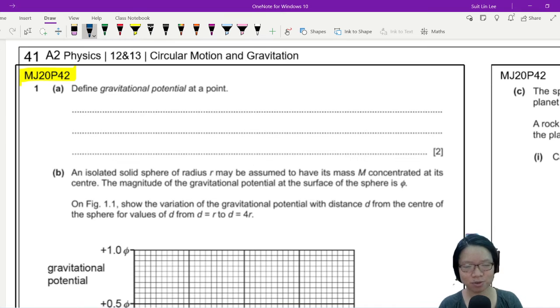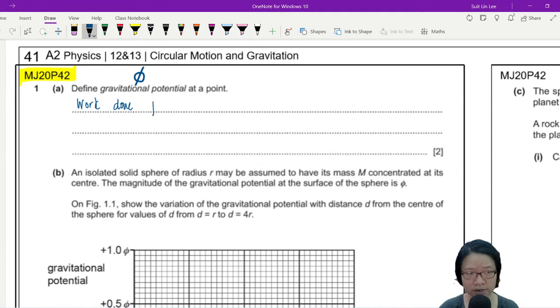So as usual, normally if they ask for a definition in this topic, there's only quite a fixed few definitions, and here they ask you to define gravitational potential, phi. Normally there are 2 points. The first thing that you will write is work done.